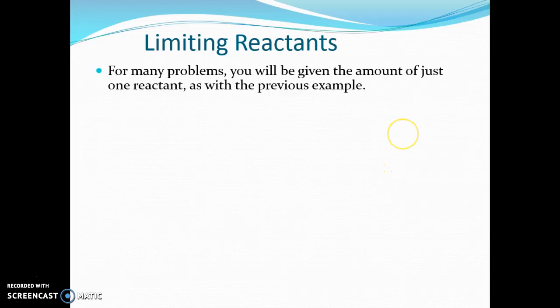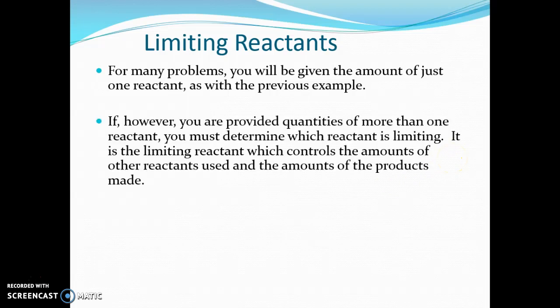All right, so one of the applications of doing all this stoichiometry stuff is solving limiting reactant problems. AP loves to put limiting reactant type stuff in there. So if you remember, most of what we do, you've got one reactant and they don't mention anything else, and so it's easy. But what if they provide you with more than one quantity of reactant?